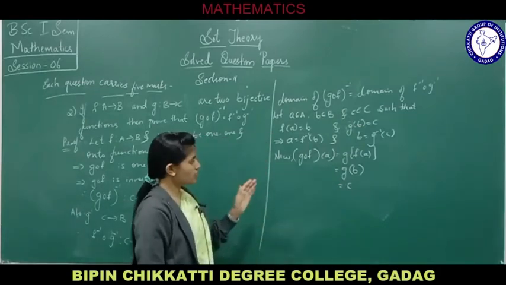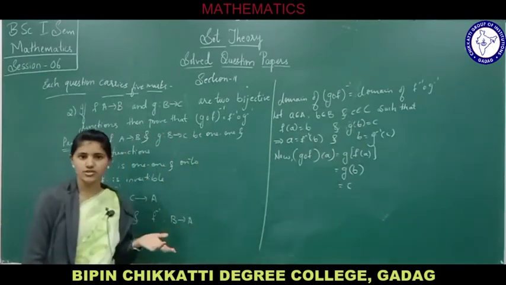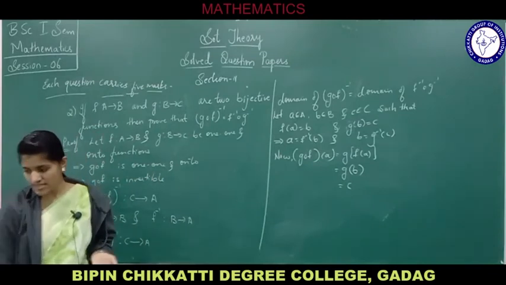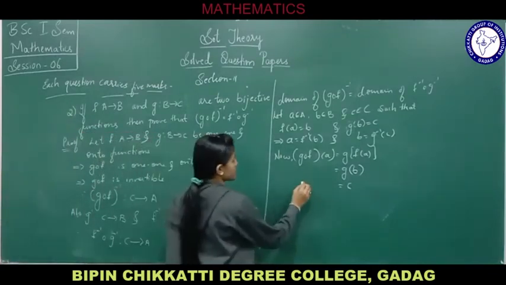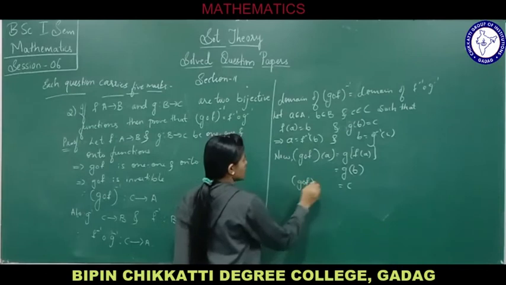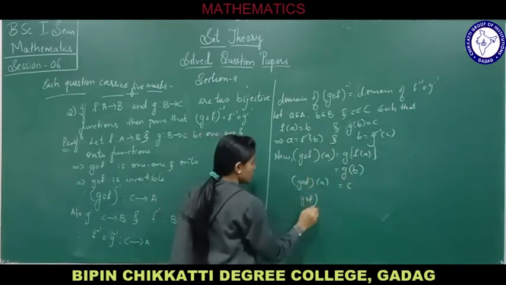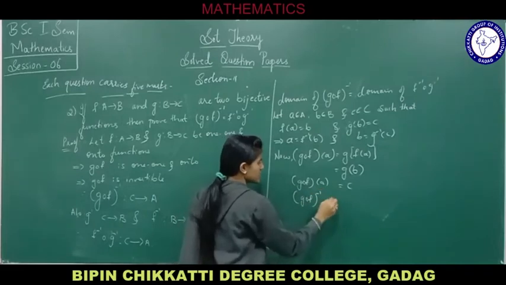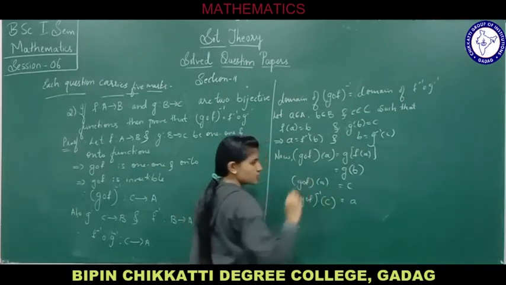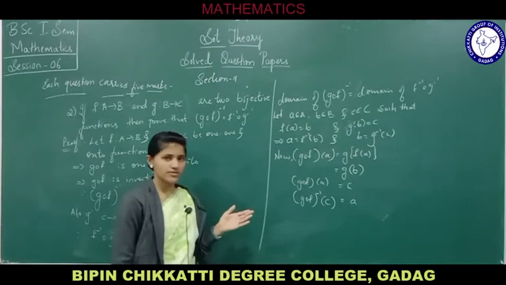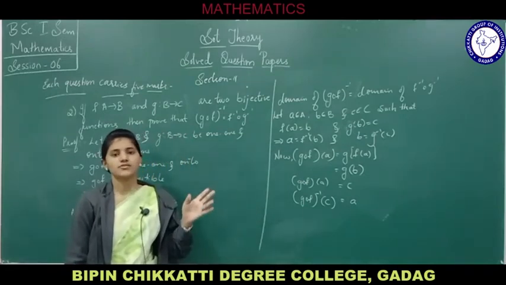We got g(f(a)) equals c. Next, what about the inverse function? (g∘f) inverse of c will be equal to a, right?